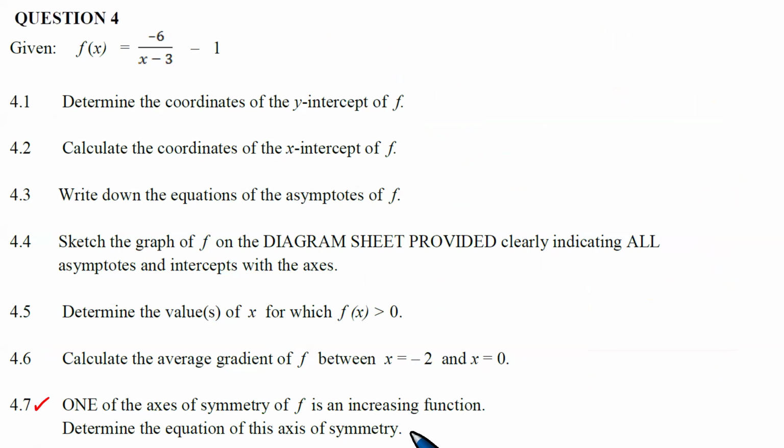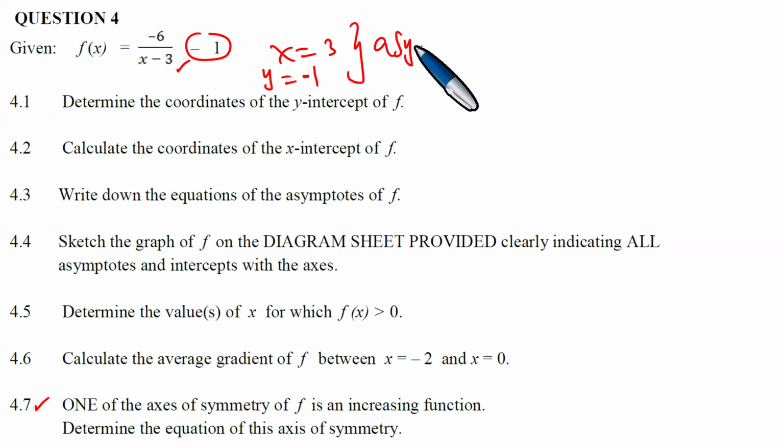So obviously something that we need to realize. For the axes of symmetry, you have the asymptotes x equals 3 and y equals -1. These are the asymptotes.